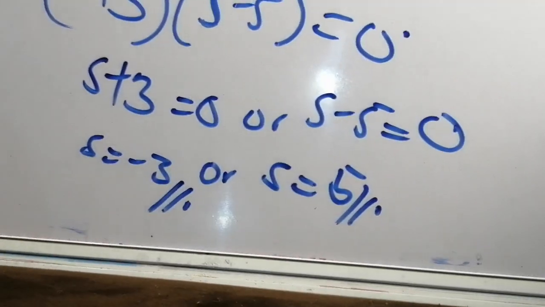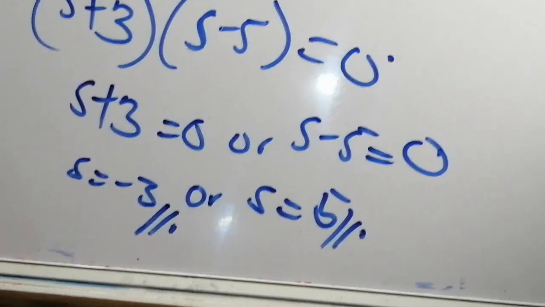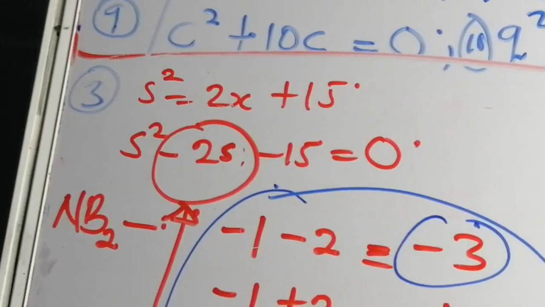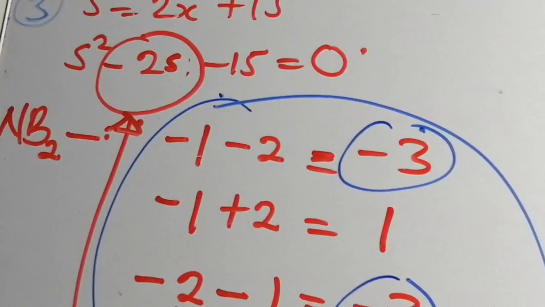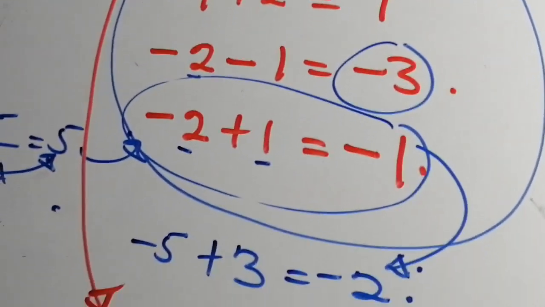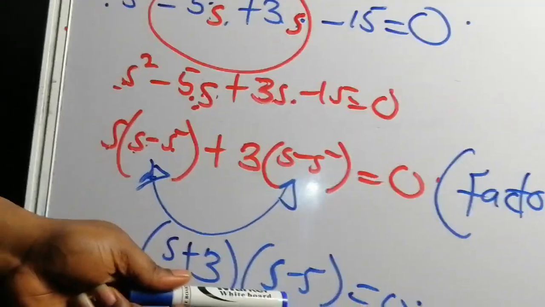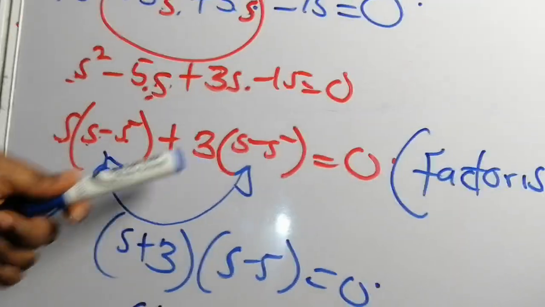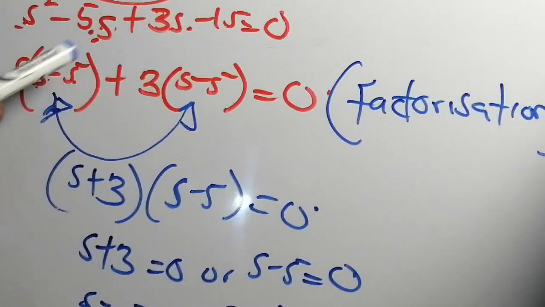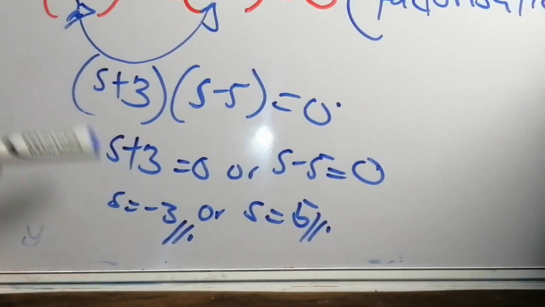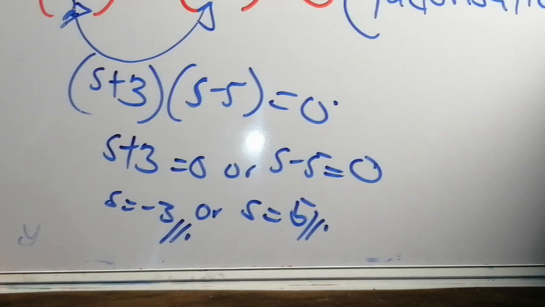Very important: don't forget that at the point of splitting it down to get a common factor, that is what they call factorization. Look at it here. S minus 5 is common here. Pick one, S plus 3, you join it together, then you pick one of these, then equals 0.